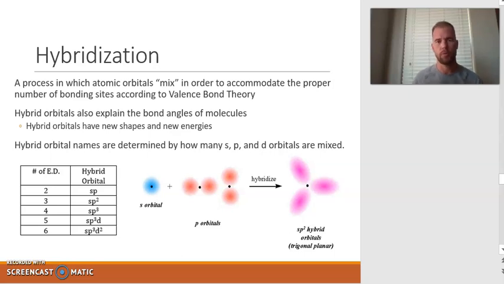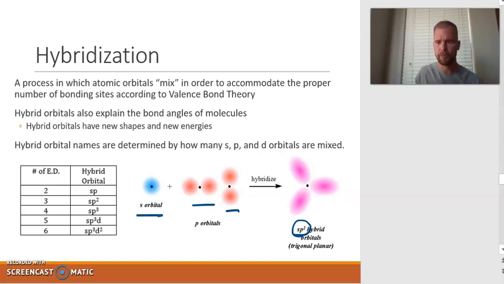As we go through, you're going to see that hybrid orbitals are named and determined by how many s, p, and d orbitals are mixed. As an example, if I was to take an s orbital and then two p orbitals, the hybrid orbital that would be created is called sp2. So the name comes from just what was mixed.